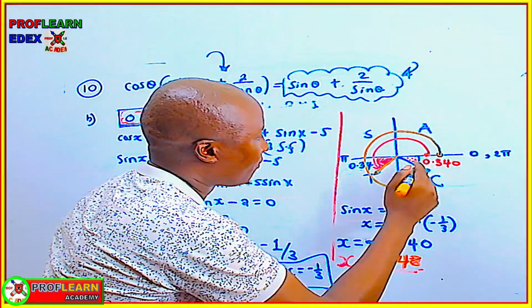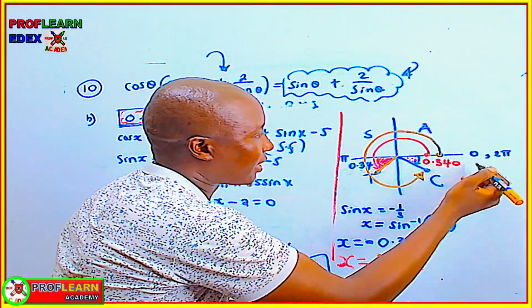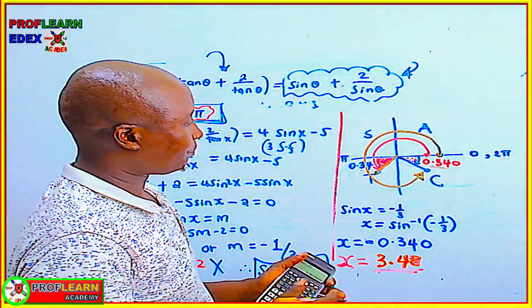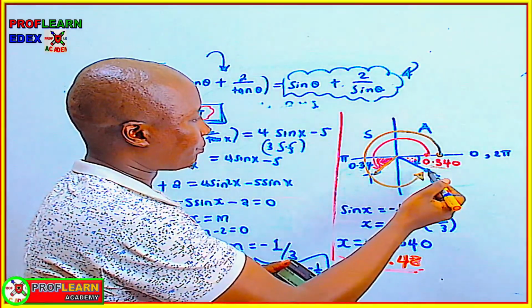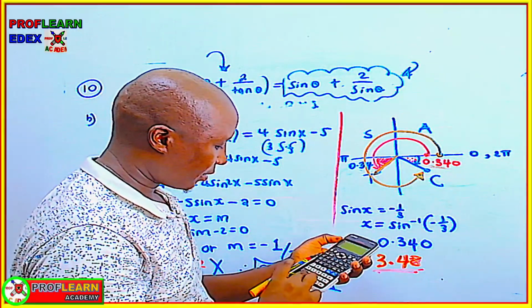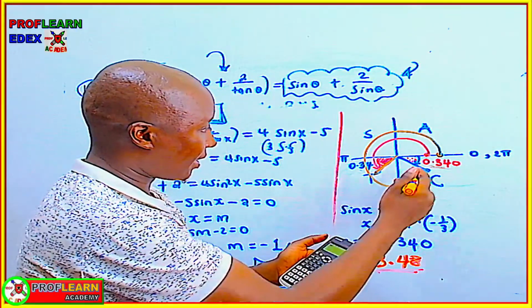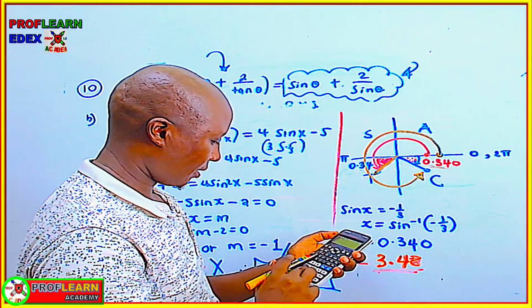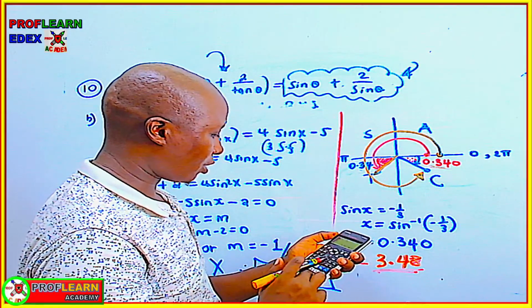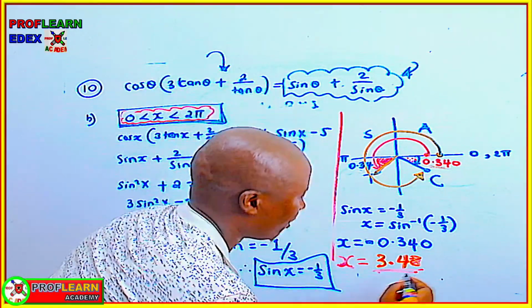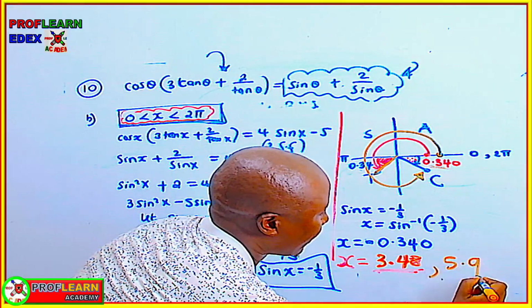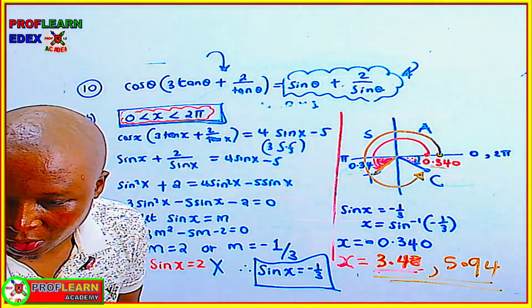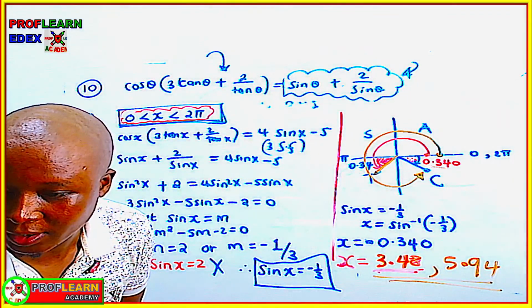So this one here will be 2 pi, 360, minus this part that we have here. Basically 2 pi minus 0.340 is going to be 5.94 radians.